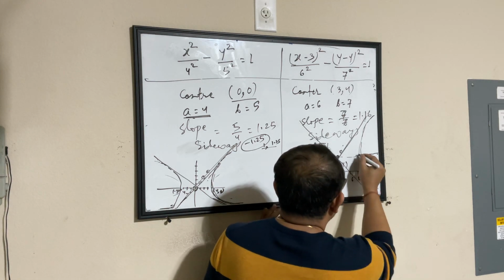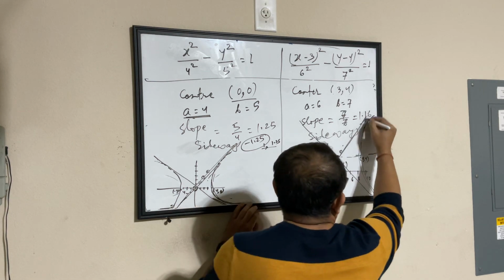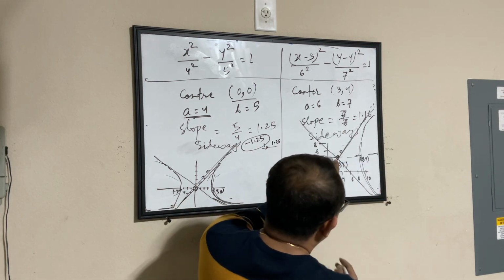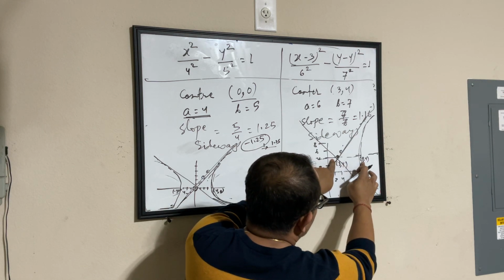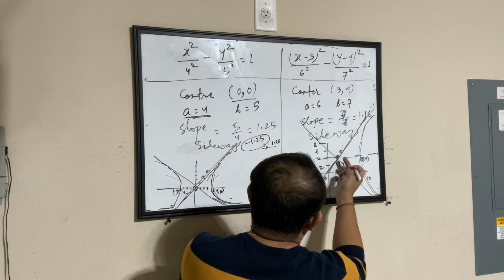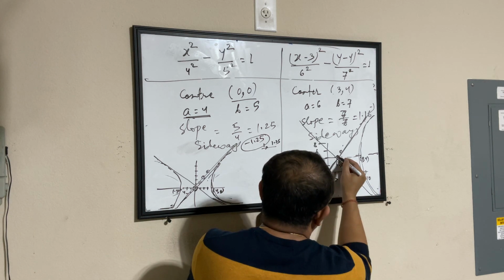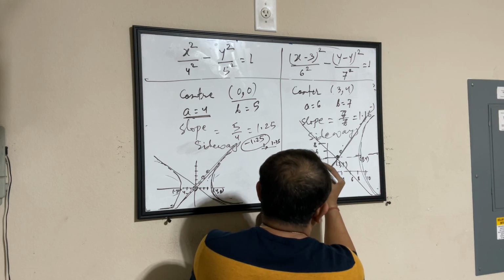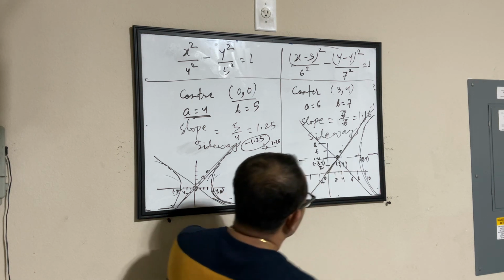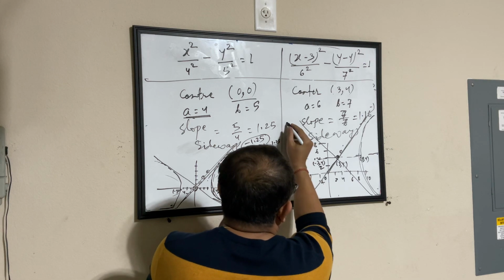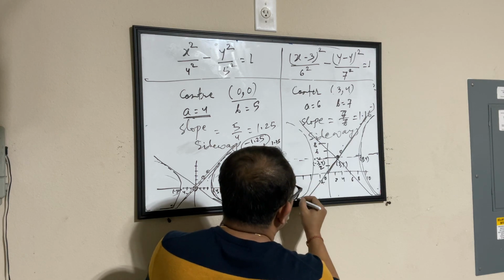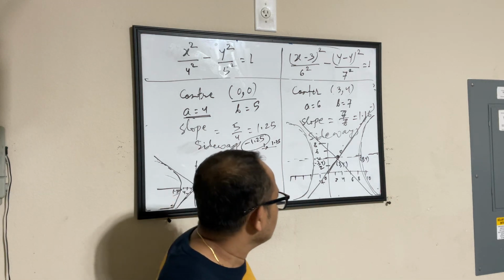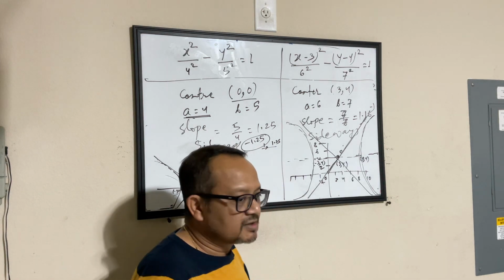And then again you take a mirror image of that. So this is 3, 6, 9. Here you have to go 6 in this direction, so it will be somewhere here, minus 3. So minus 3, 4 will be the second vertex, the mirror image of this one, along the second, third quadrant.